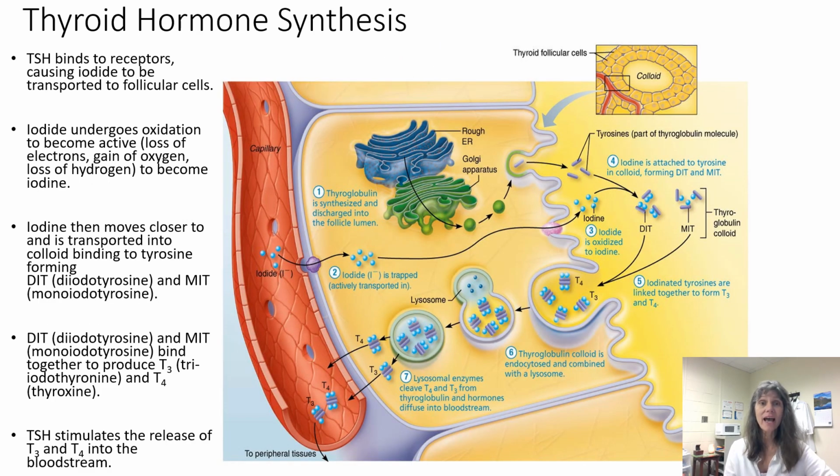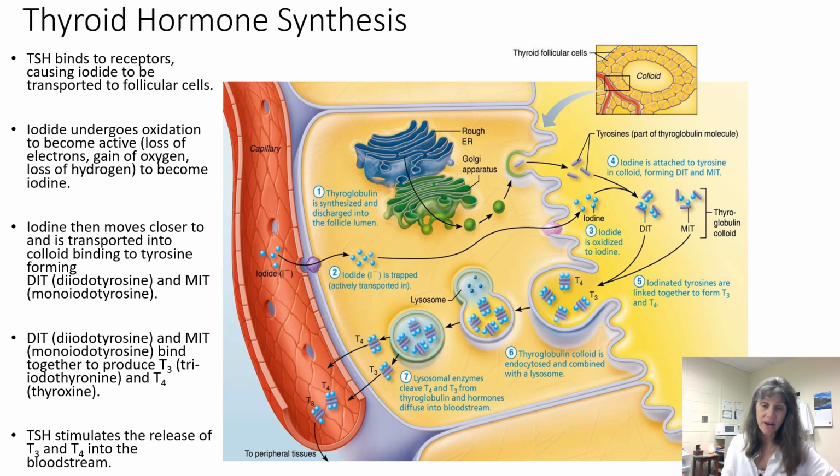Next, we're going to take a look at how thyroid stimulating hormone helps the thyroid gland produce its hormones. Normally, the follicular cells, which surround the follicles in the thyroid gland, produce a protein called thyroglobulin. This thyroglobulin has a lot of the amino acid tyrosine, and the thyroglobulin, as it is produced, gets transported into the follicle, into the colloid.